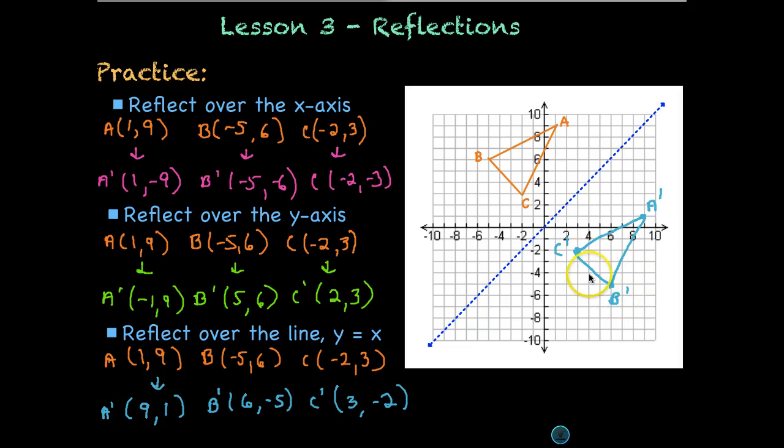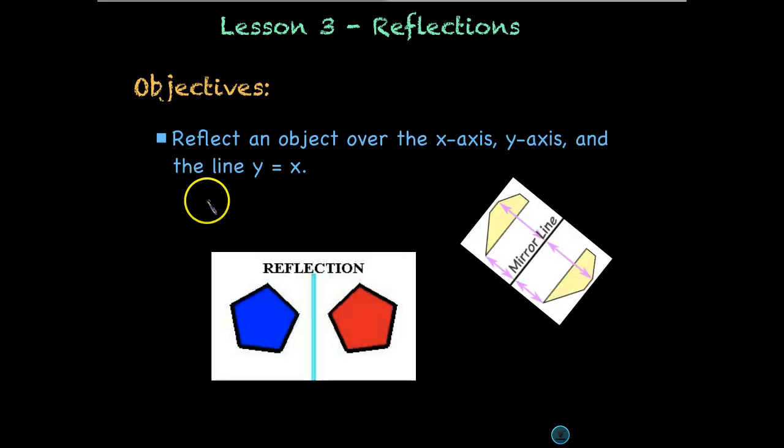And here's what we have. And you can see that clearly if you put a mirror down this center line, y = x, that would be your reflected image. And this concludes our lesson today on reflections. So you should be able to take your rules, apply them in order to reflect any object over the x-axis, the y-axis, and the line y = x.